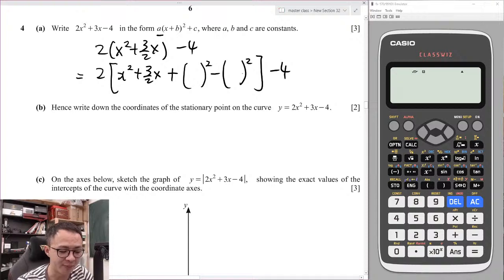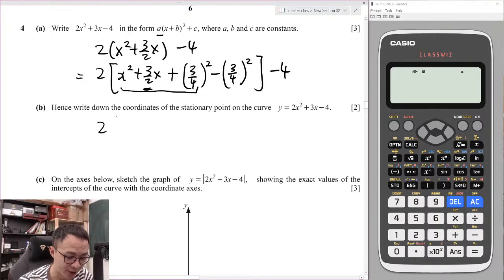Alright, what is the bracket square here? Is basically b divided by 2, which is 3 over 4. Alright, then you combine the first 3 terms here, which is (x plus 3 over 4) square minus 9 over 16 minus 4.